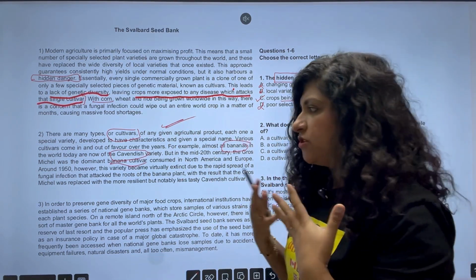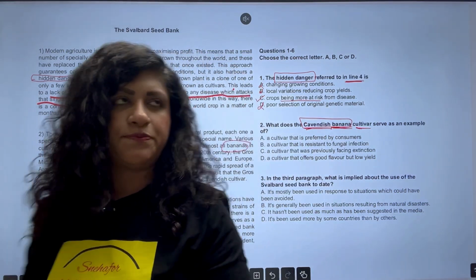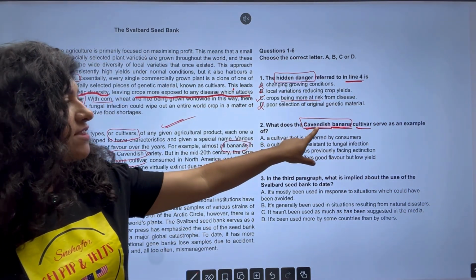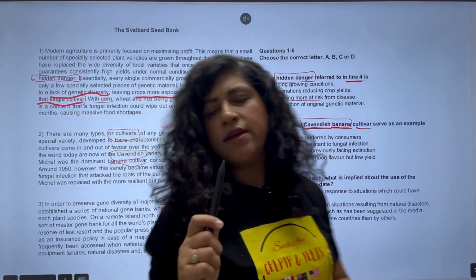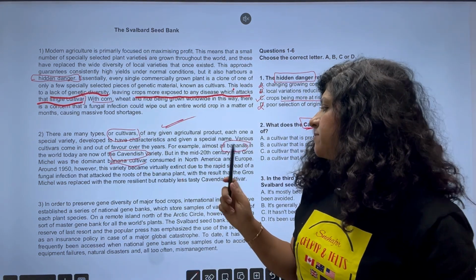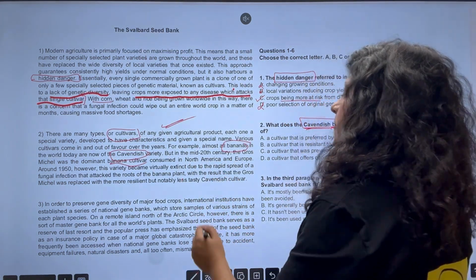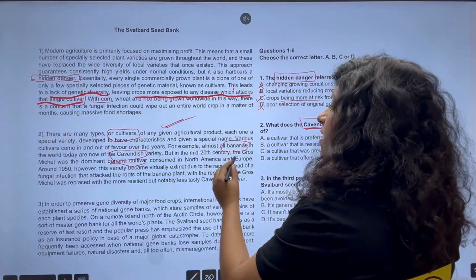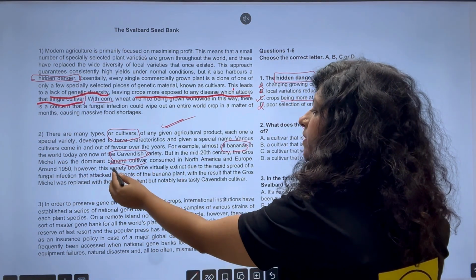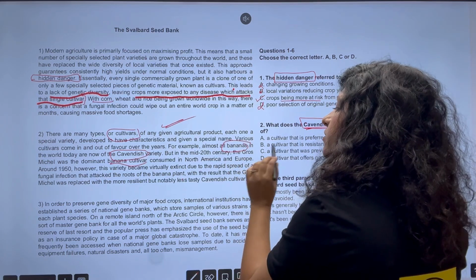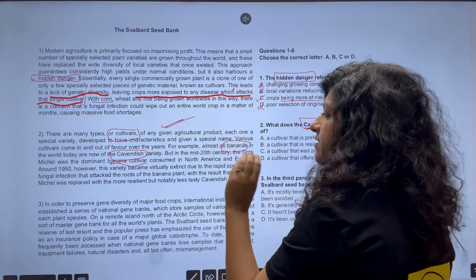What does the Cavendish banana cultivar serve as an example of? Here, regarding the banana cultivar, what's being said is that Gross Michael was a dominant banana cultivar consumed in North America and Europe around the mid-20th century.